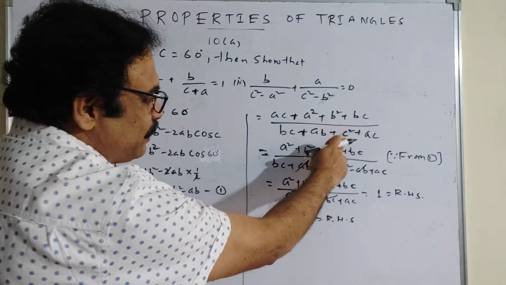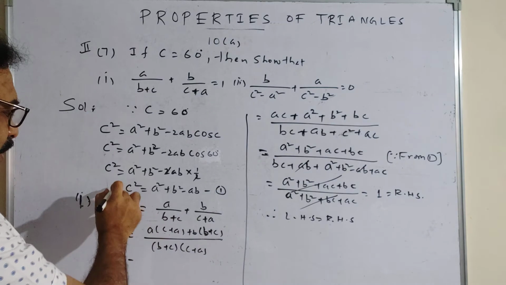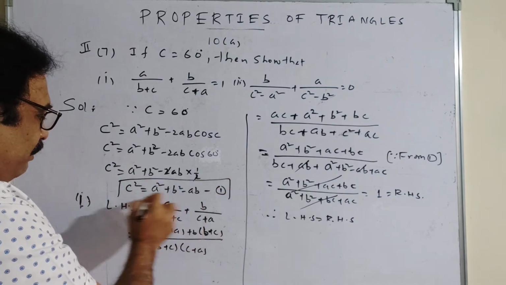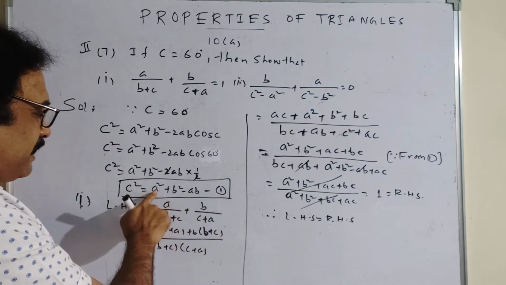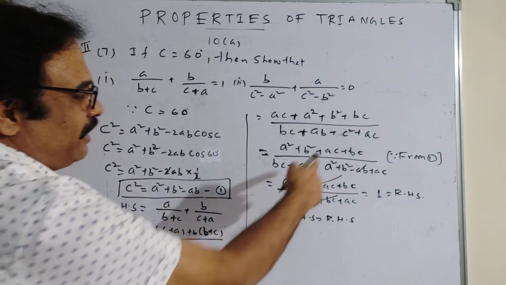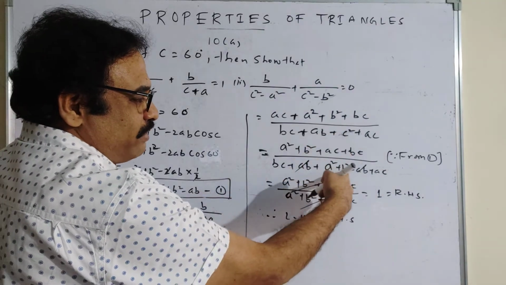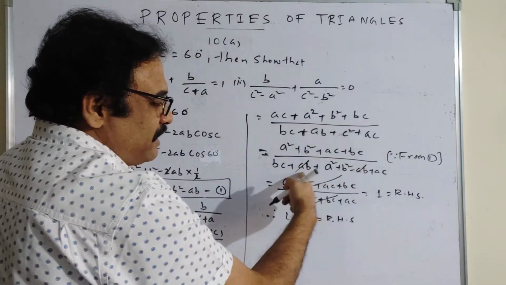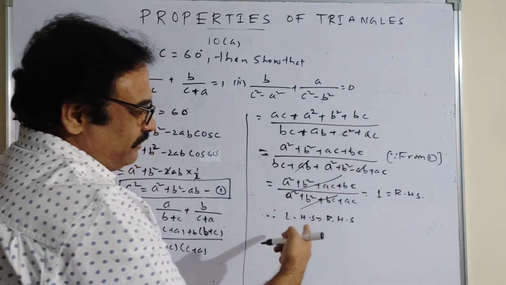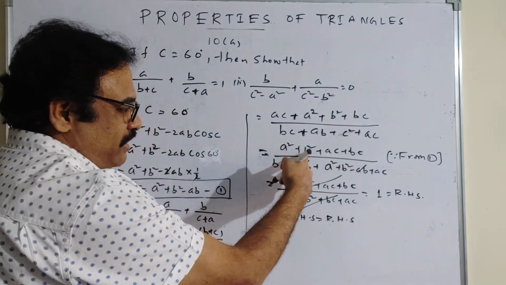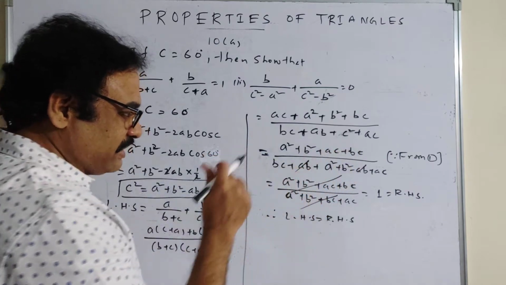Now for c square, take it from result 1. What does result 1 say? a square plus b square minus ab. Replace c square with a square plus b square minus ab; plus ab minus ab gets cancelled. Now we write a square plus b square plus ac plus bc as the numerator.